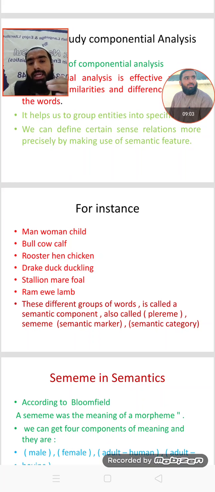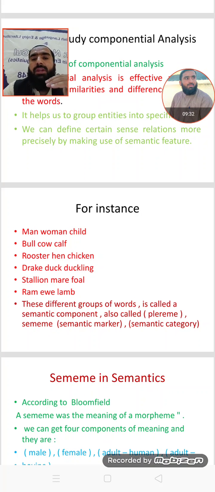While analyzing these things, we will take help from these features to understand words in a better sense. Like bull, cow and calf, and again there is a relation among bull and man, cow and woman, calf and child.